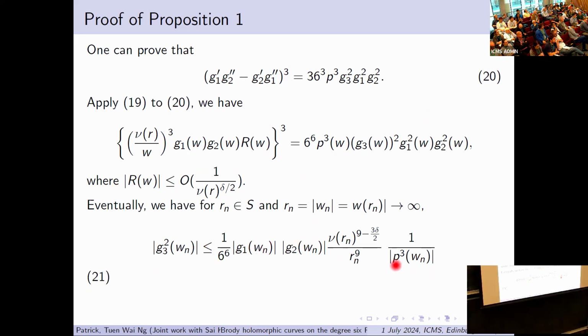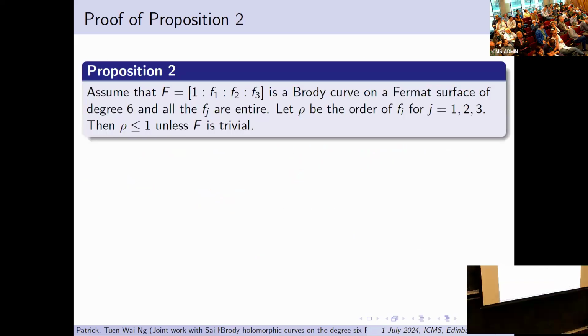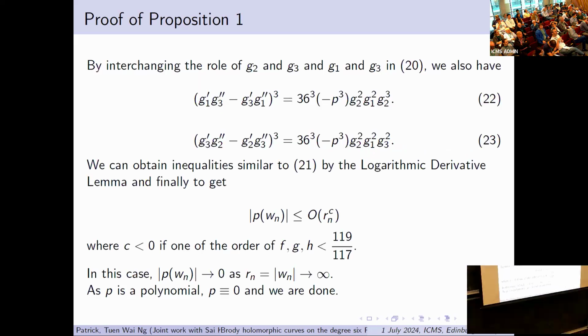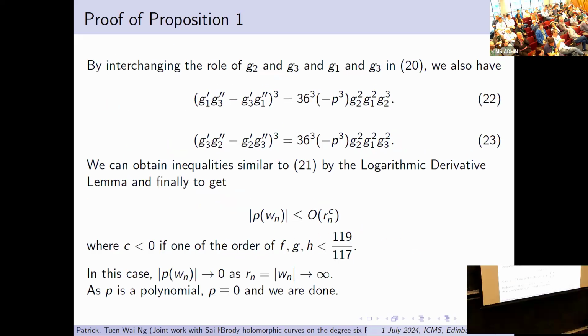Okay, so I'm only using one equation here to get this equation 21. But if I do some permutation on these things, I will get two other sets of equations, and two other estimations here. So I put all these things together. So eventually, I will get this P, which is bounded above by some r_n to the power C, and C would be a negative number if we assume the order of F, G, H is less than this number.